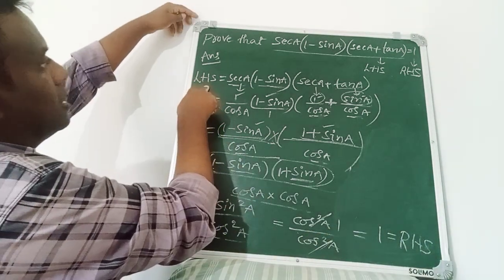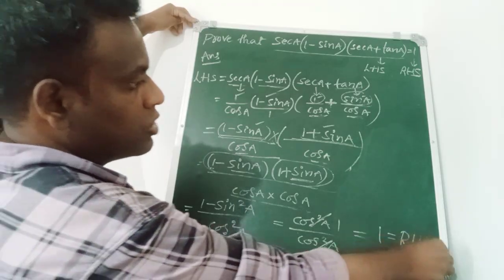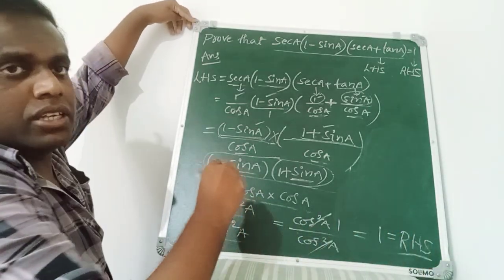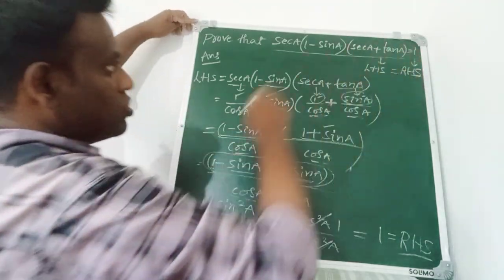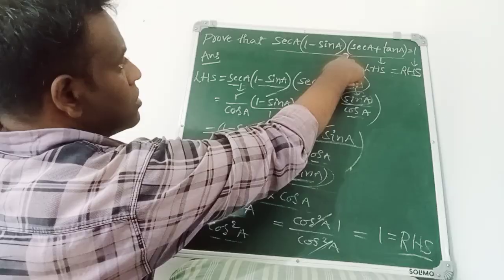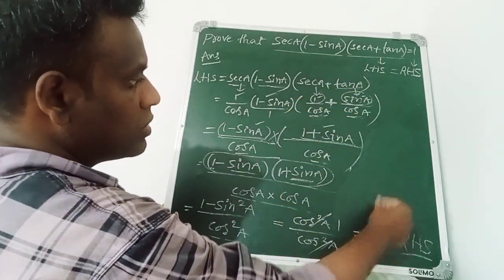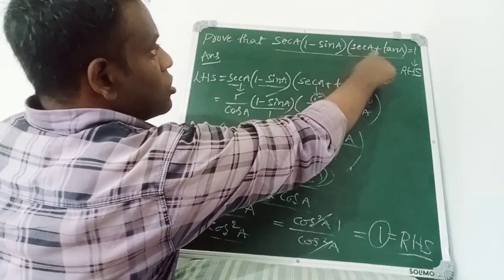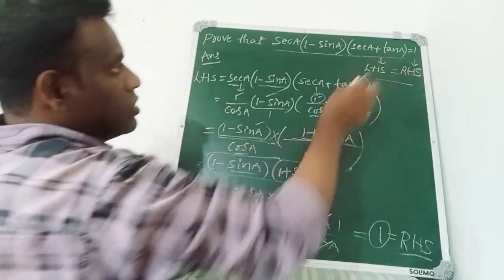So we have taken LHS and that is equal to RHS. That means we have proved this LHS is equal to RHS. So we have taken this LHS, and after doing all these things we got 1. That means this LHS is equal to this one. LHS is equal to RHS.